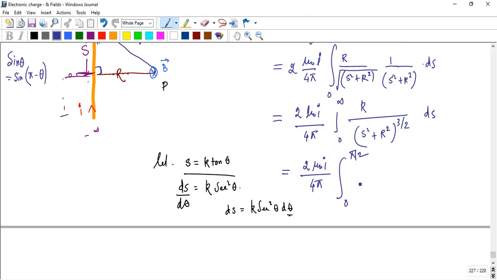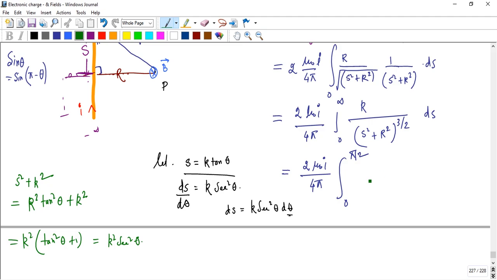Okay, so a square plus r square. Here a square means r square tan square theta plus r square. So r square taken common, tan square theta plus 1, and tan square theta plus 1 means sec square. So r square sec square theta.